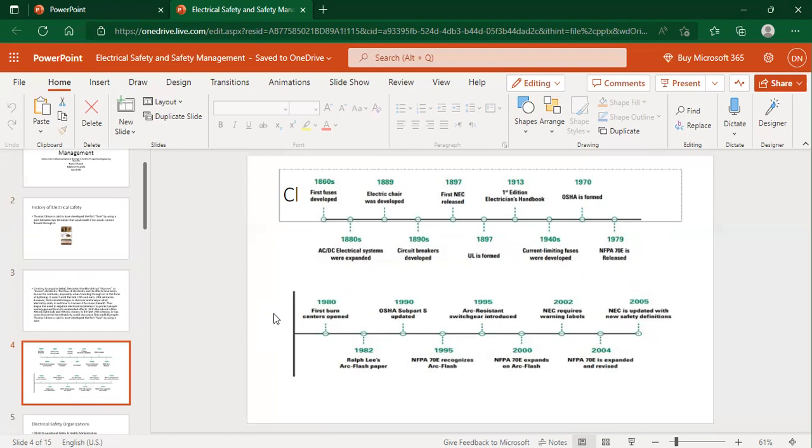The first NEC was released in 1897, along with UL. The first edition of the Electrician's Handbook is from 1913. In the 1940s, current limiting fuses were developed, in 1970 OSHA was formed, and in 1982 Ralph Lee's arc flash paper was initiated. The first burn centers opened in 1980. Like that, the structural diagram is shown.